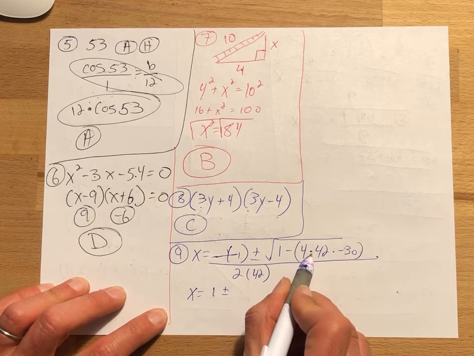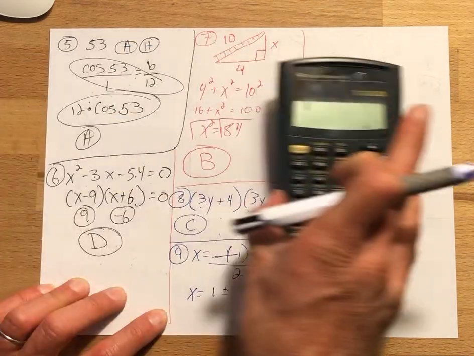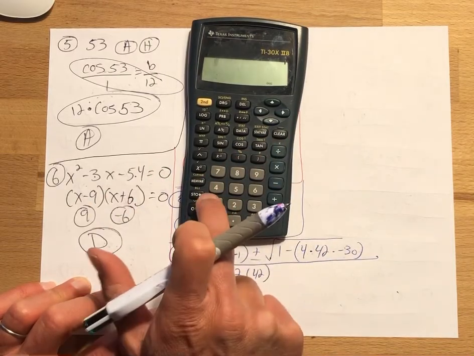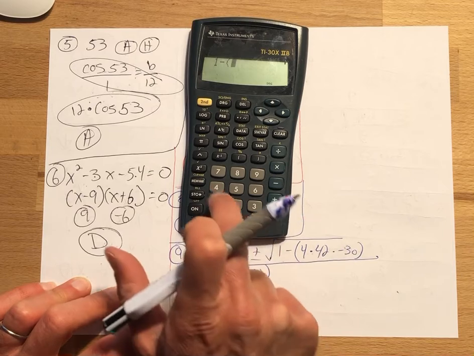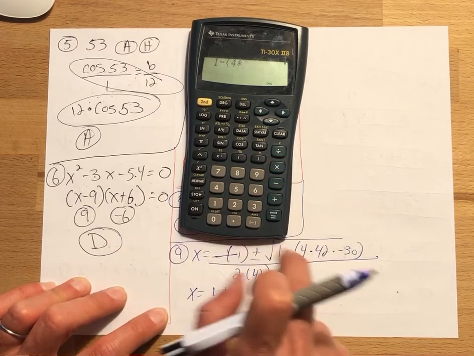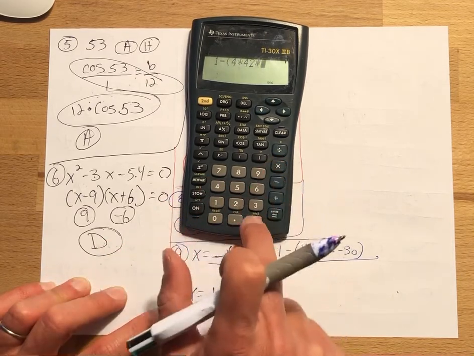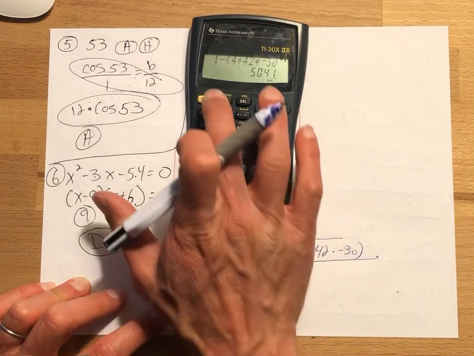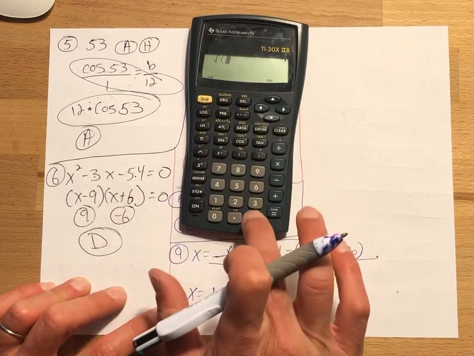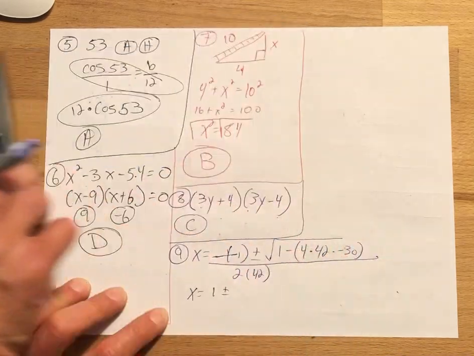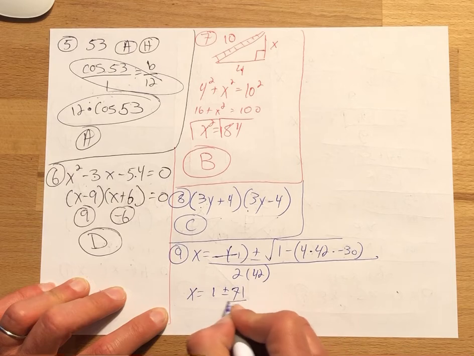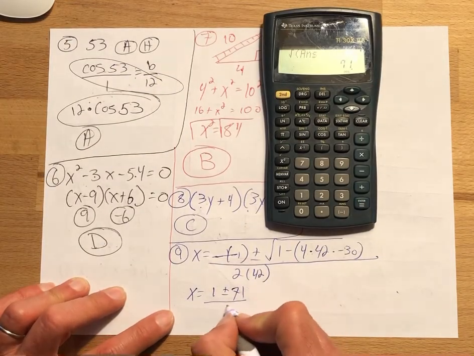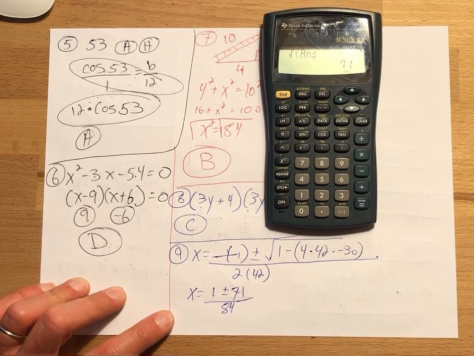Let's get an actual number in here. So what I'm going to do is I'm just going to plug everything into my calculator. I'm going to say 1 minus parenthesis 4 times 42 times negative 30 in the parenthesis, and then I'm going to square root that answer, and I'm going to get 71. 1 plus and minus 71 all over 2 times 42 is 84.